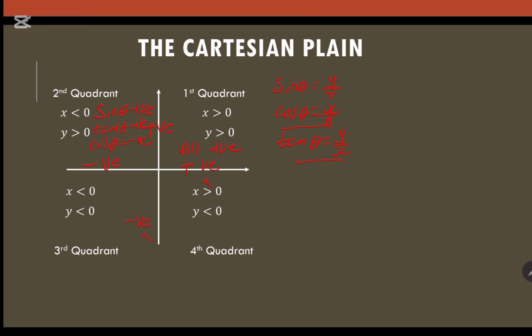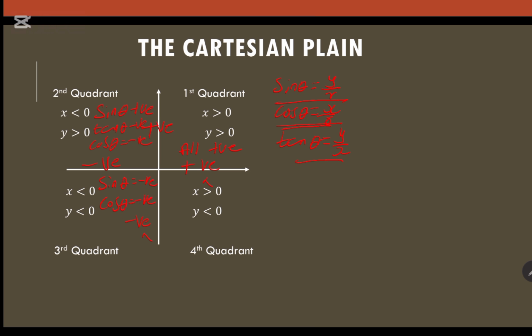Now, when you consider the third quadrant, both x and y are negative. Therefore, if you check from this trigonometric ratio, y is negative, therefore sine theta will be negative. If you check the ratio of cosine, x is negative, therefore cos theta is also a negative ratio.